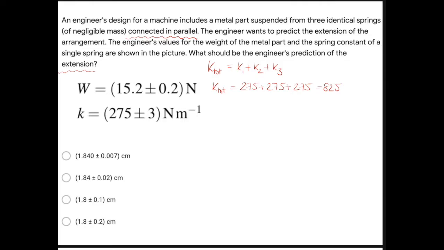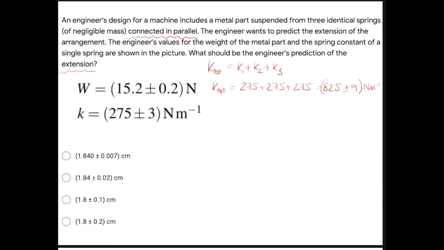And because the uncertainty in each value of K is plus or minus 3 newtons per metre, because we are summing three values for K, we can simply add together the three values for the uncertainty, giving us plus or minus 9 as our absolute uncertainty. So there is our new value for K, taking into account the fact that there are three springs in parallel.